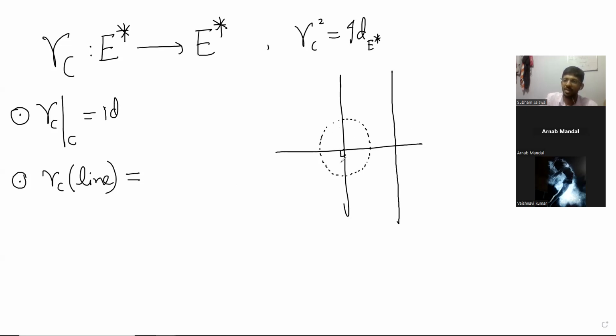And what will that be? That will actually become a circle. It's not difficult to prove that it will become a circle. So what kind of circle will that be? That circle will pass through the origin.